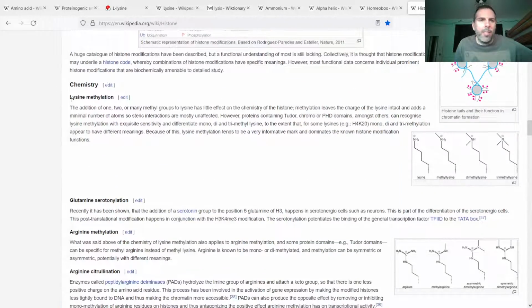So lysine is also involved in, it's methylated as a signal. A methyl group is added to the lysine side chain in order to signal other molecules during gene regulation as part of epigenetics.